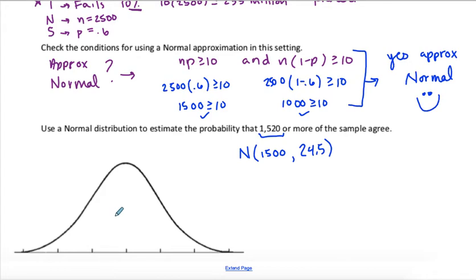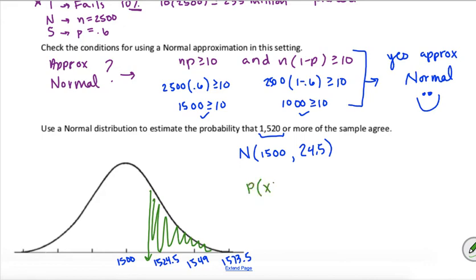And now I'm looking at this distribution where I have an average here of 1,500. I have 1,524.5, 1,549, 1,573.5. And so when we're looking at our distribution, 1,520 or more, we can say this would be the probability that our observations are more than or equal to 1,520.